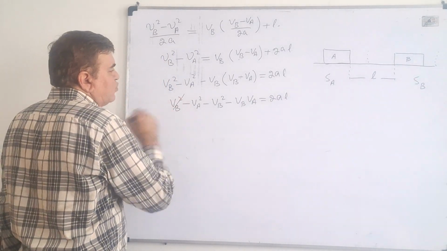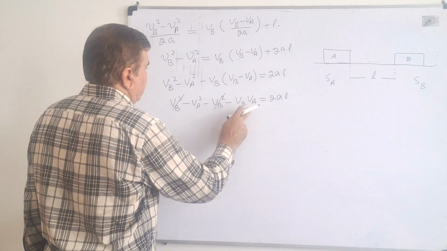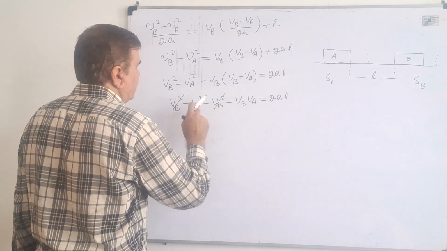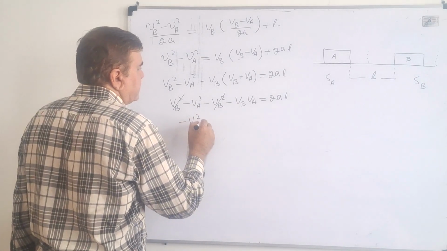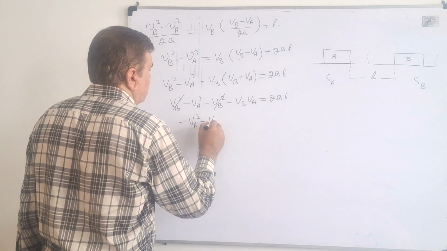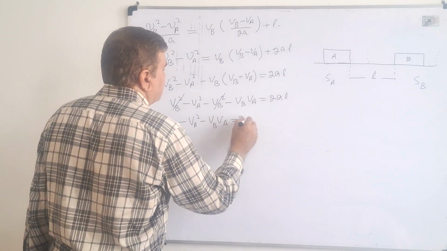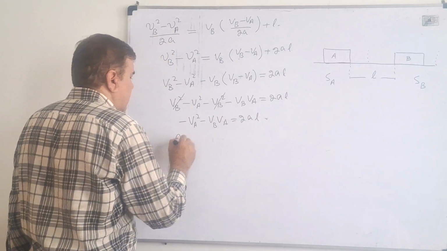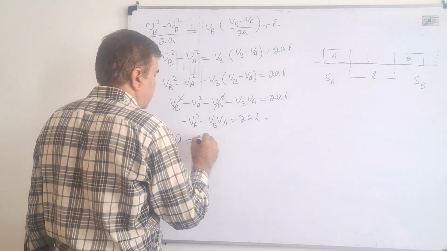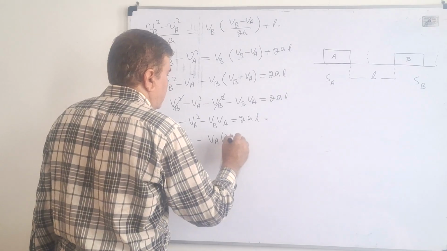I can cancel VB squared with VB squared, and this gives minus VA squared plus VB times VA equals 2AL. Or I can write A equals minus VA times (VA minus VB) divided by 2L.